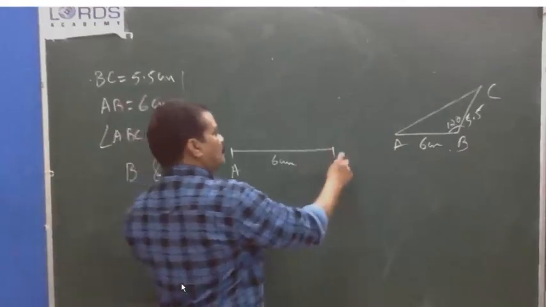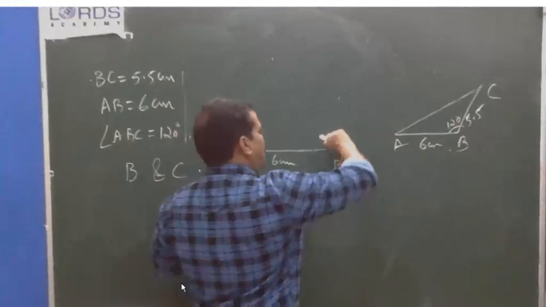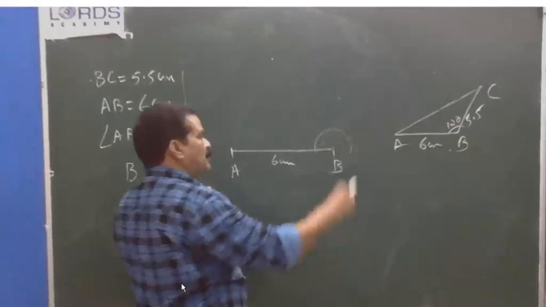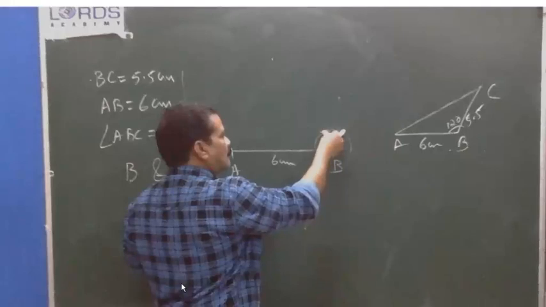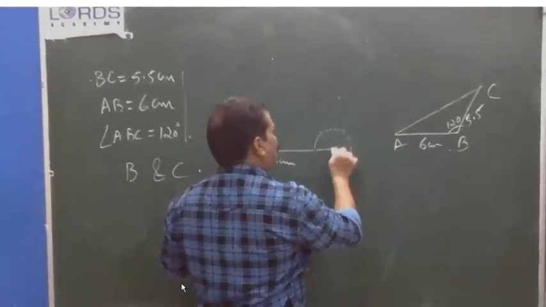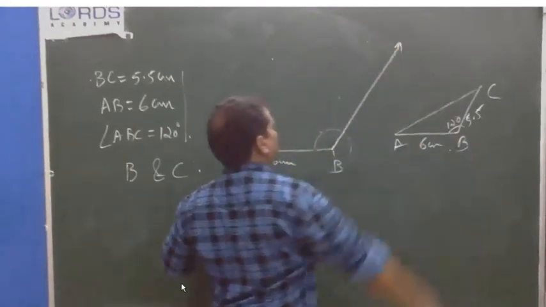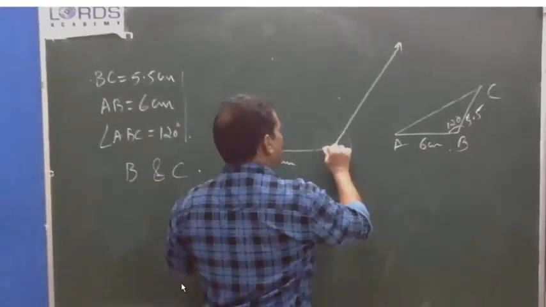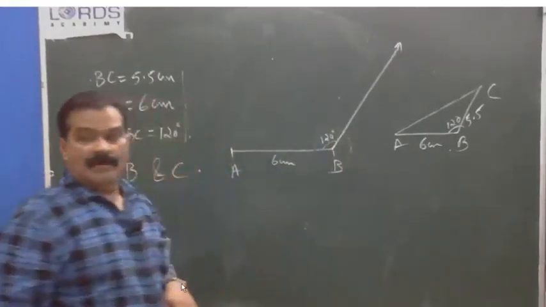Then 120. At B, you find out 120. Again, take a convenient radius like that. This is a compass. Do it. With the same reading as a radius, you find out. Then this will be 120. Through this, you draw 120.